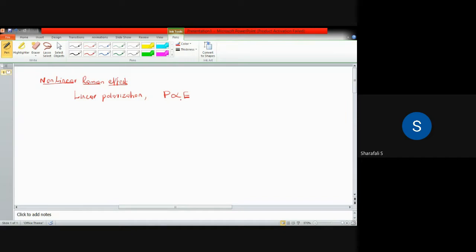I will write this as P equal to alpha times E, where alpha is the polarizability.